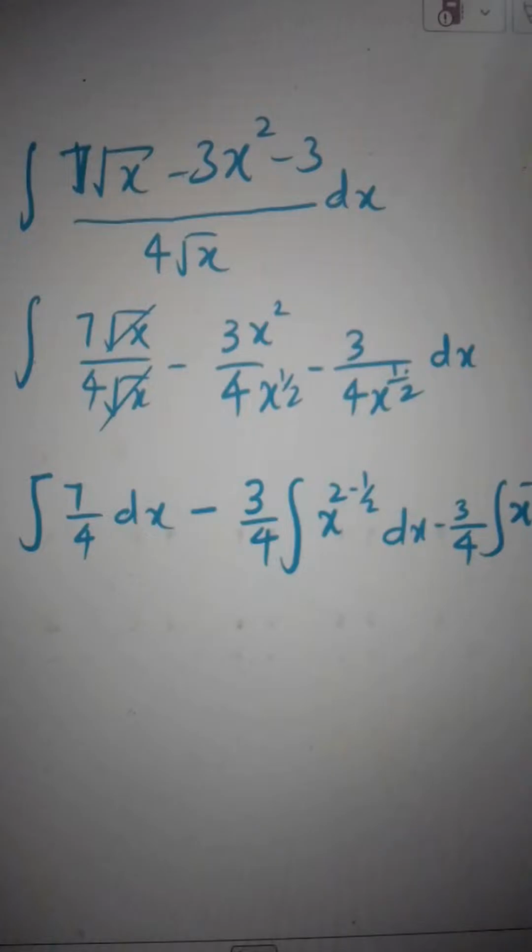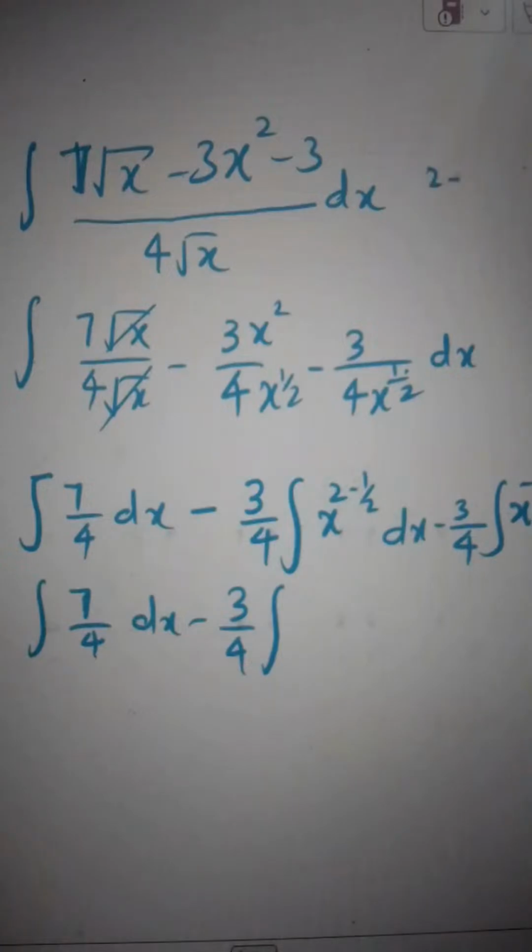So then 7 by 4, we can rewrite it unchanged, minus 3 by 4. What is here? x power 2 minus 1 by 2.